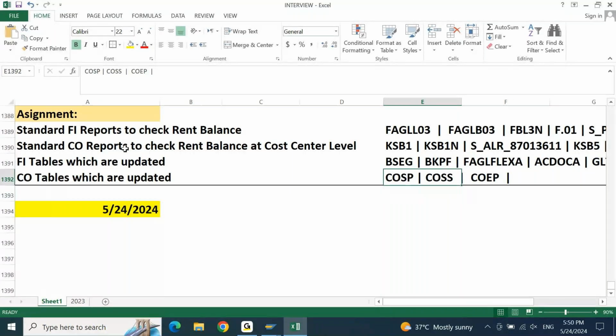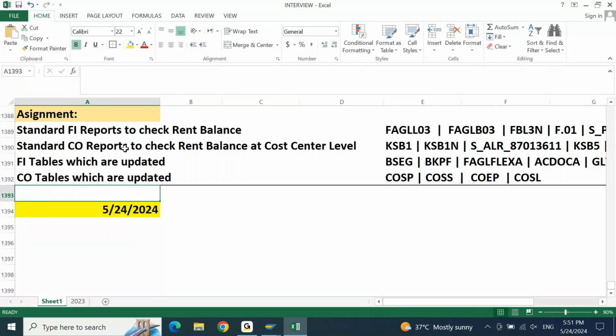COSL, L, not F. L, not Z. Is that correct? Yes. Okay. Alright.